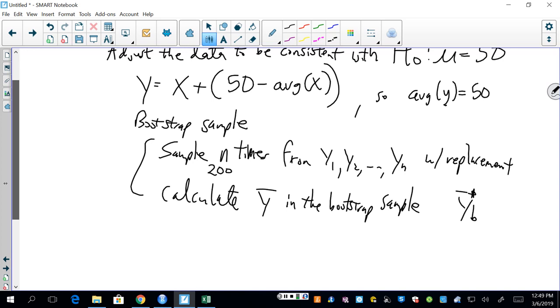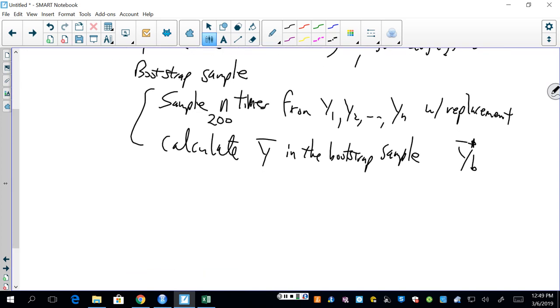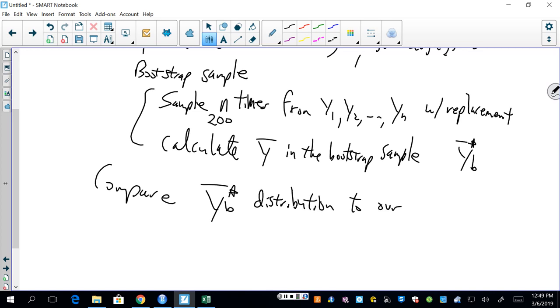And then we're going to compare the distribution of the y bars under that simulation, consistent with the null, with what we actually got. So compare the y bar star distribution to our original x bar.